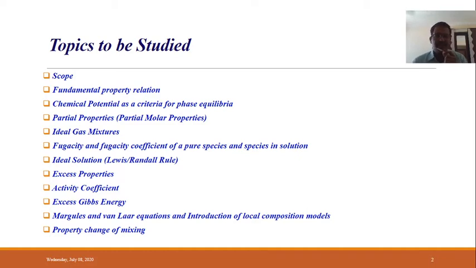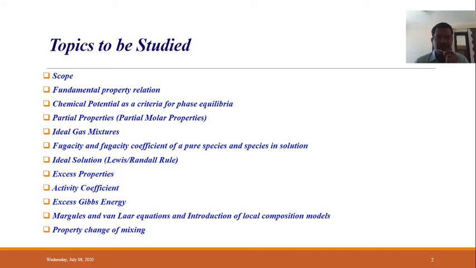Then fugacity and fugacity coefficient for pure species as well as species in solution. Fugacity, that concept we will study in this, and no doubt this will be for pure species as well as for species in solution. And when you are talking about species in solution, always we have to see that fugacity coefficient is always related to residual properties what you have studied in unit 1.